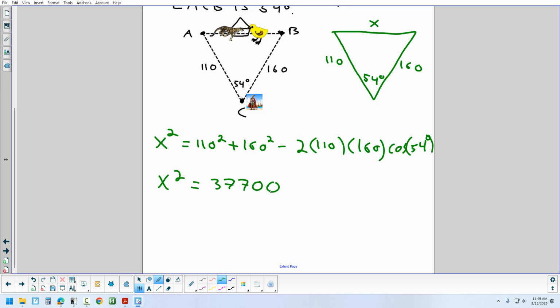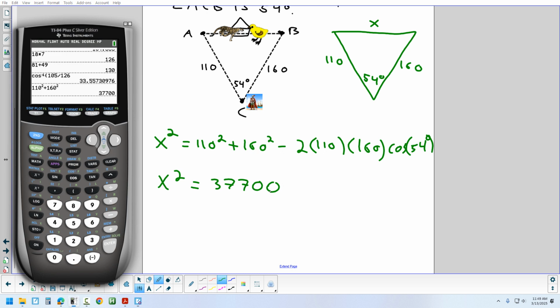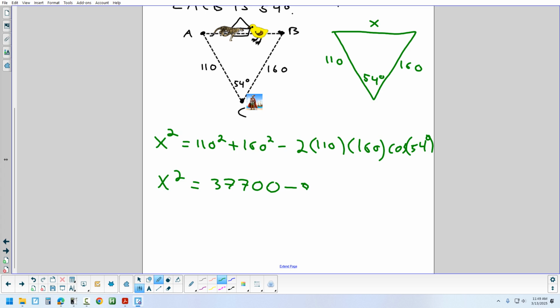Well, what's 2 times 110? 220. So that's 220 times 160. Okay, so that's going to give us 35,200 cosine 54. Okay, and that's as much as I'm going to do on the right-hand side. Anything else would start to involve decimals.